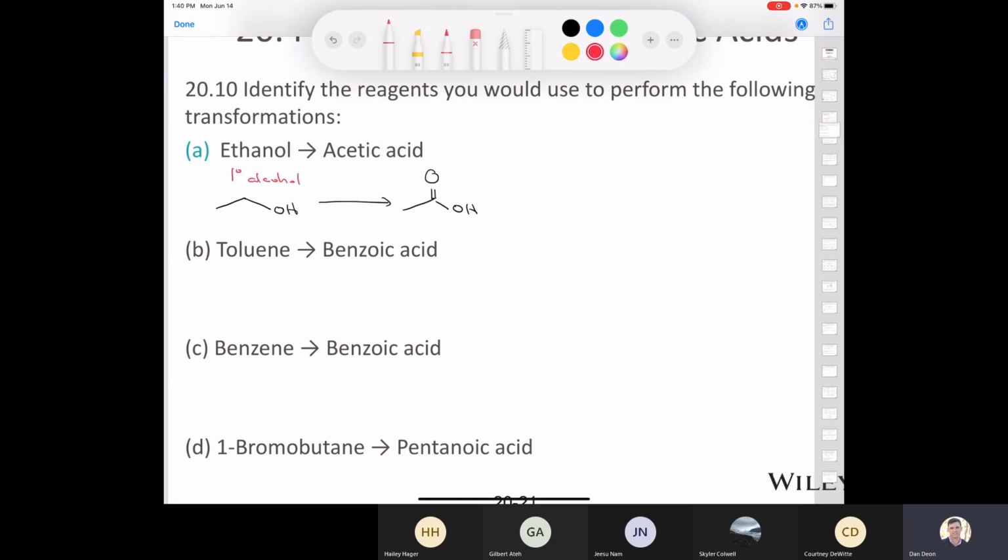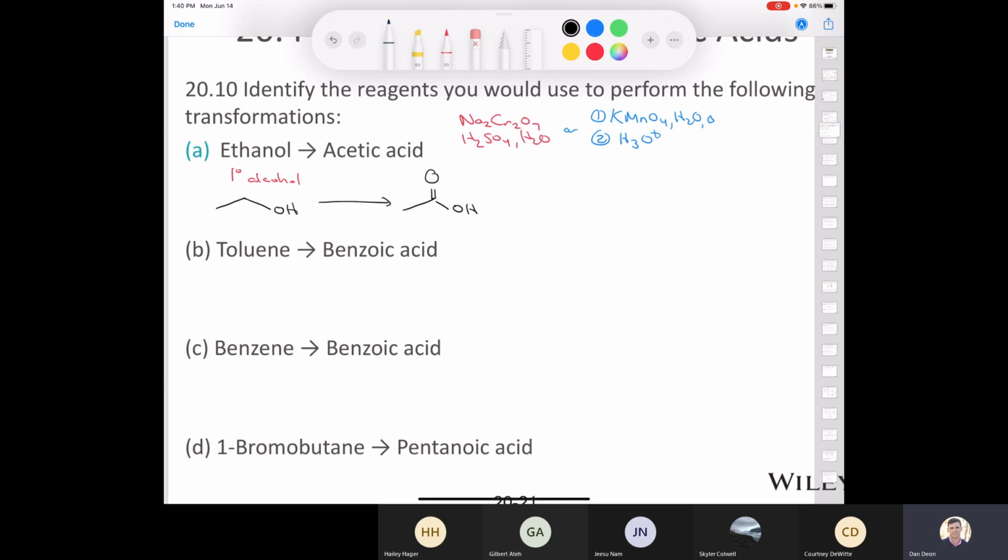We could either use our strategy in acid, sodium dichromate, sulfuric acid, water, okay? Or we could use our strategy in base, KMnO4, water, and we heat that up. Then in the second step, we use aqueous acid. That would work.